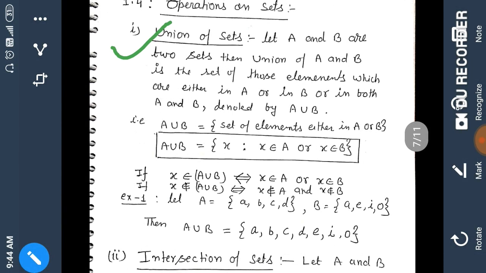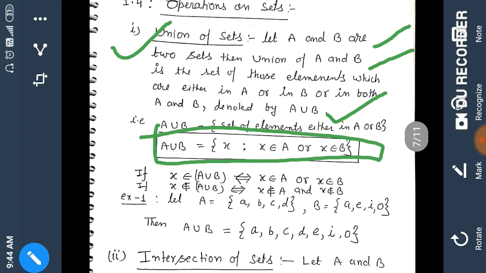Let A and B be two sets, then the union of A and B is the set of those elements which are either in A or in B or in both A and B, denoted by A union B. That is, A union B is equal to {X such that X belongs to A or X belongs to B}. Okay, that is, A union B is the set of those elements which are in A or in B or in both A and B.